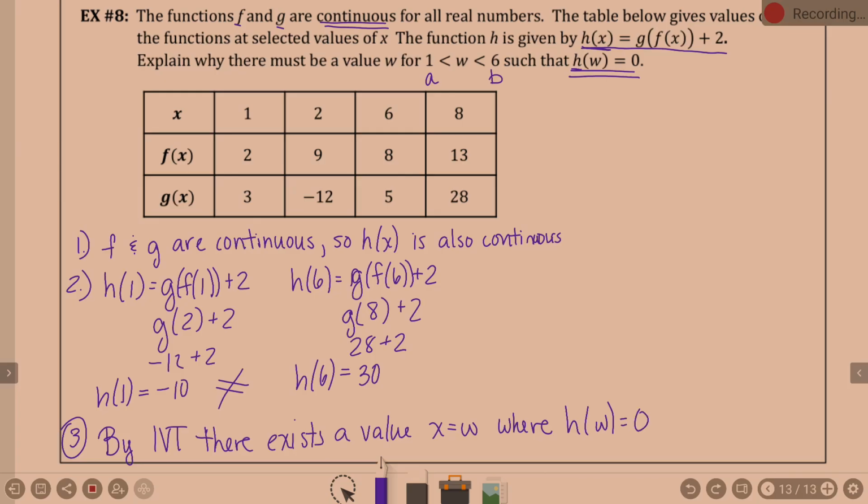Since h of 1 is less than 0 is less than h of 6. I just said h of w equals 0 because by IVT h of w must be continuous from -10 to 30.